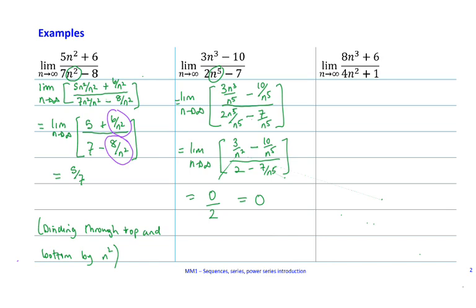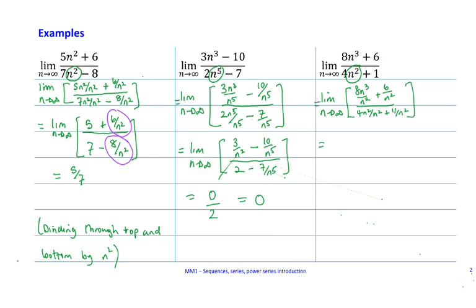Lastly, we have n squared on the bottom, n cubed on the top. If I take the n squared on the bottom and divide through, we will have 8n cubed divided by n squared plus 6 over n squared, over 4n squared over n squared plus 1 over n squared.